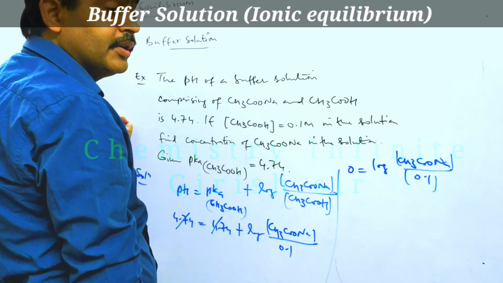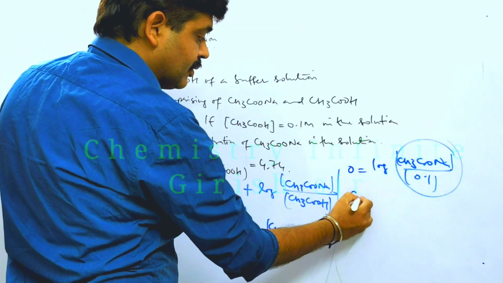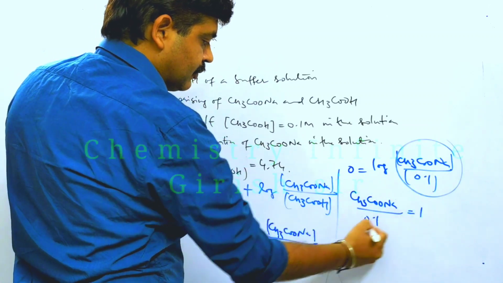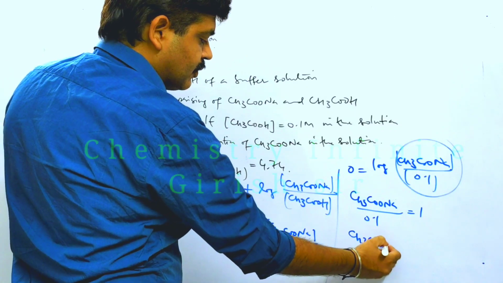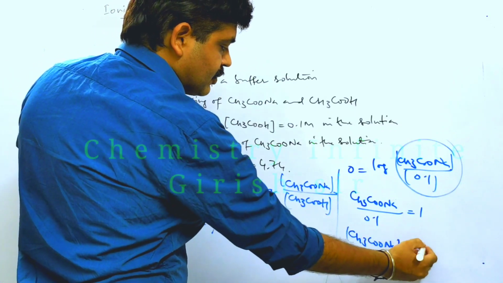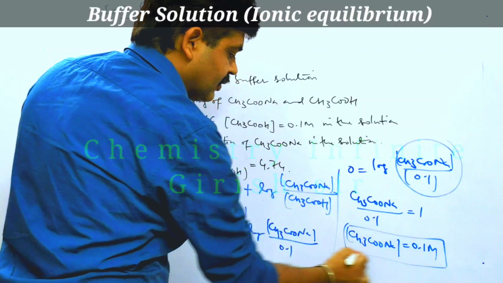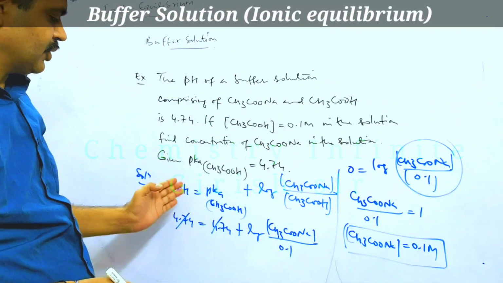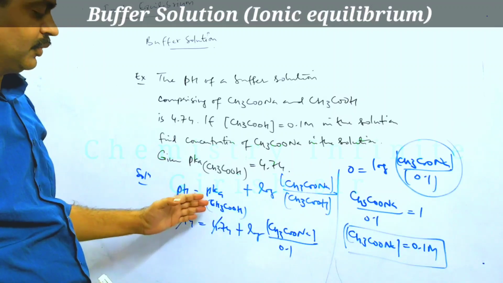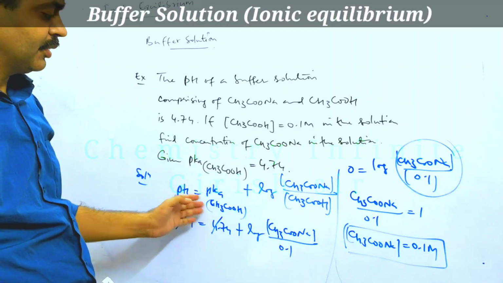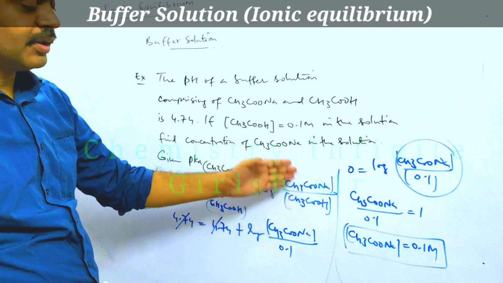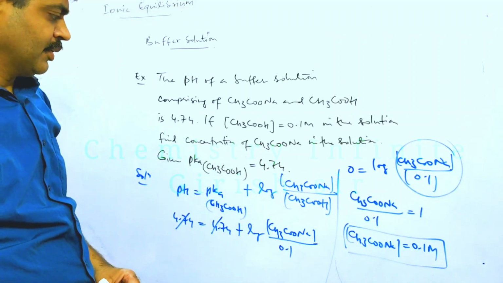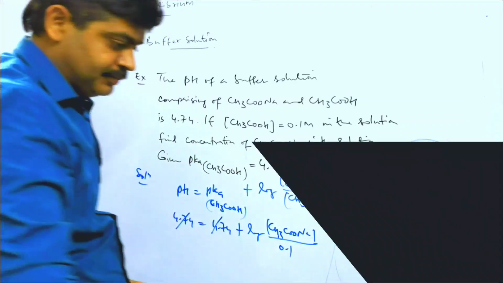Now if you know log 1 is 0, so this ratio must be equal to 1. It will give you concentration of salt as equal to 0.1 molar. So salt will have same concentration as that of acid because pH and pKa are equal. Okay, so whenever pH and pKa are equal, this ratio must be equal to 1, indicating salt and acid are having equal concentrations.